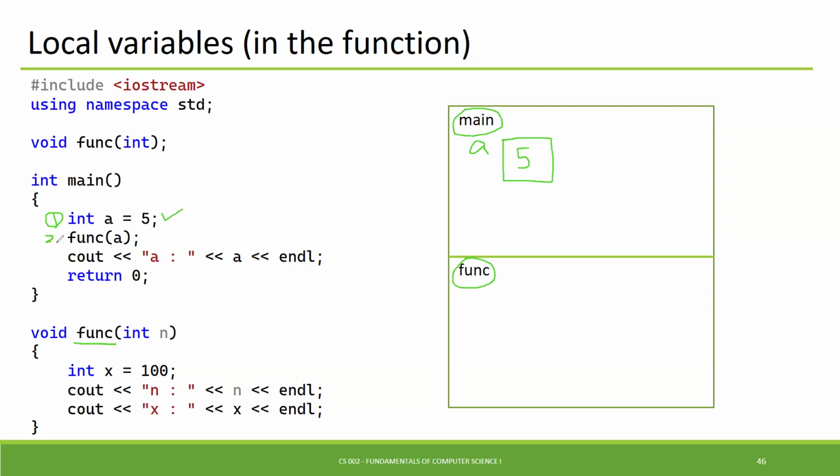And look at this one, line 2. See, no return, so it is void, right? A is 5, so the 5 will be passed to N. At this moment, N is created in this area, and N will get 5, because we passed 5 to N. I told you that this is a parameter.